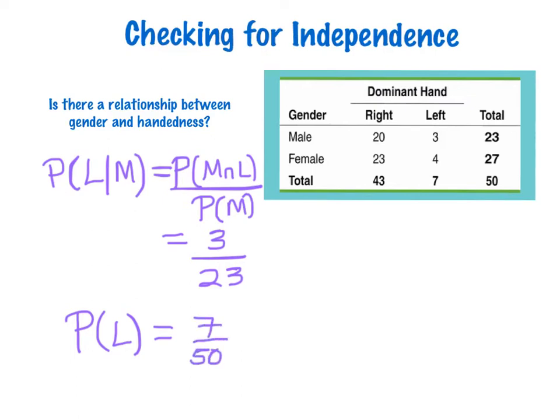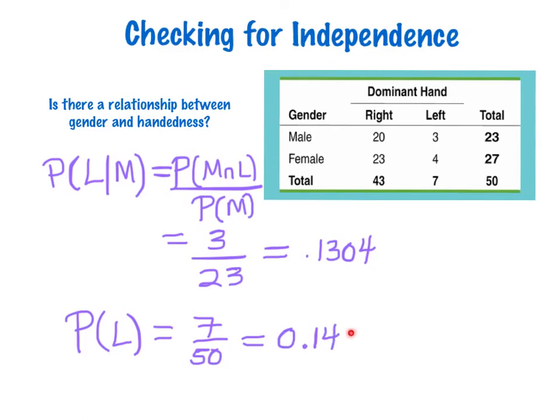We need to know whether or not these two probabilities are equal. So we can change those to decimals. And here's what we'll find. The probability of being left-handed, given that we have a male person, is 0.1304. And the probability of being left-handed, despite gender or regardless of gender, is 0.14.